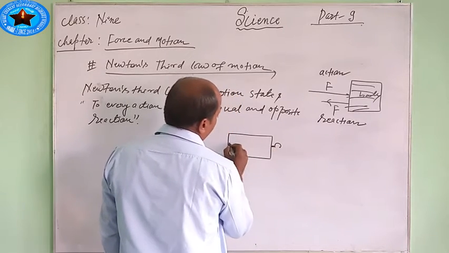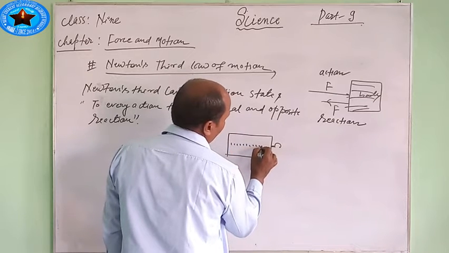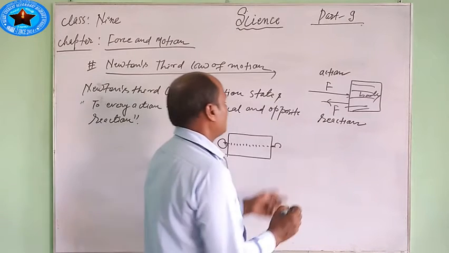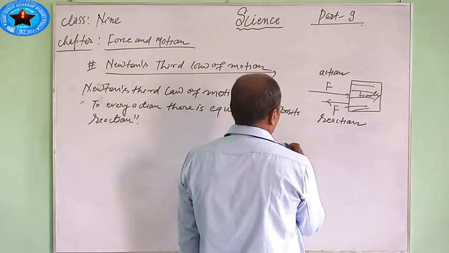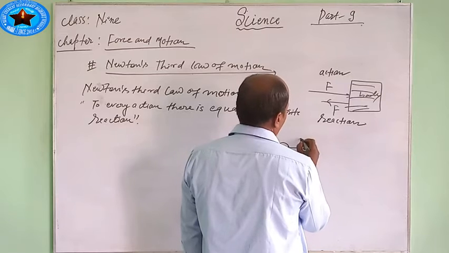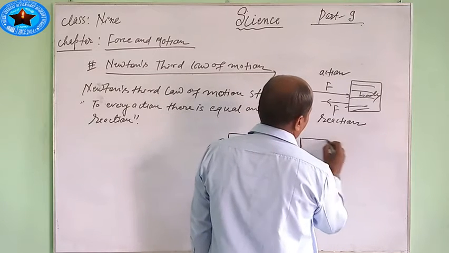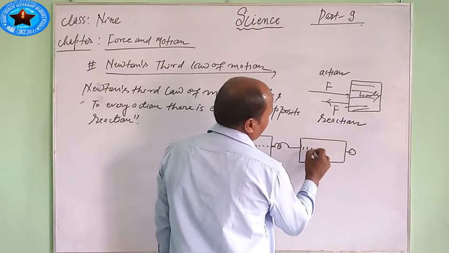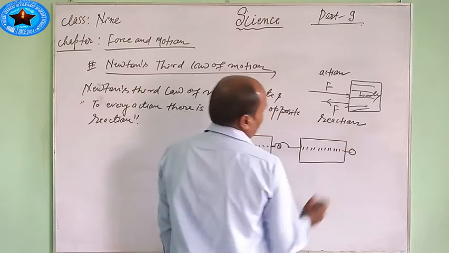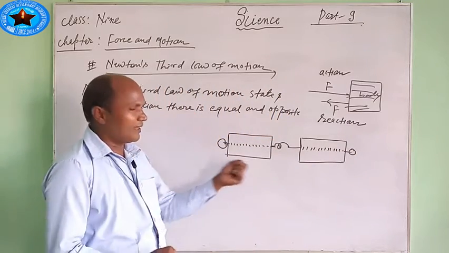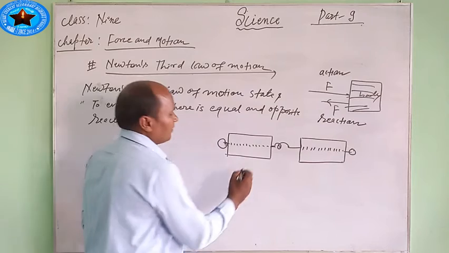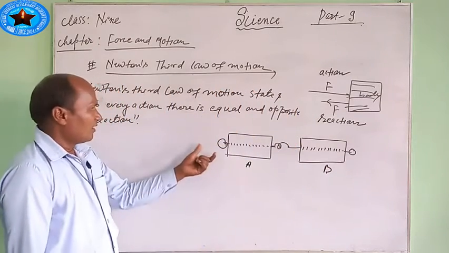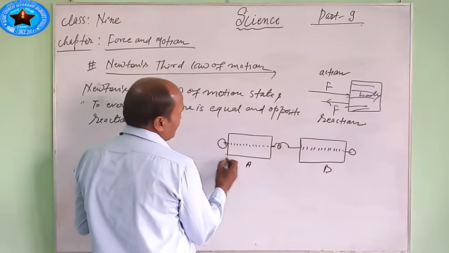Two spring balances are connected to each other, spring balance A and spring balance B. Two persons are pulling these spring balances in opposite directions. When you pull it, a force is being applied.